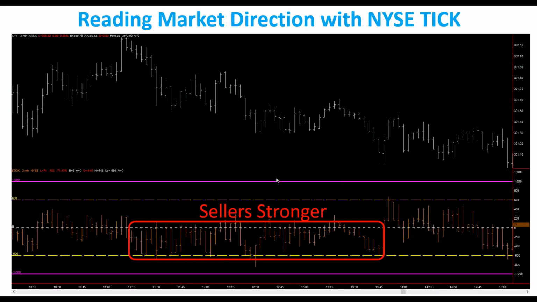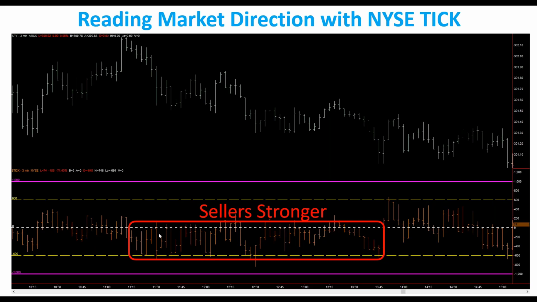So the way we look at this is that this is actually a 3-minute chart of the S&P 500, the SPY ETF. You'll notice that I've circled here in the red box a lot of the NYSE tick bars that are occurring below the zero line and down to the lower yellow line, which is strong selling.